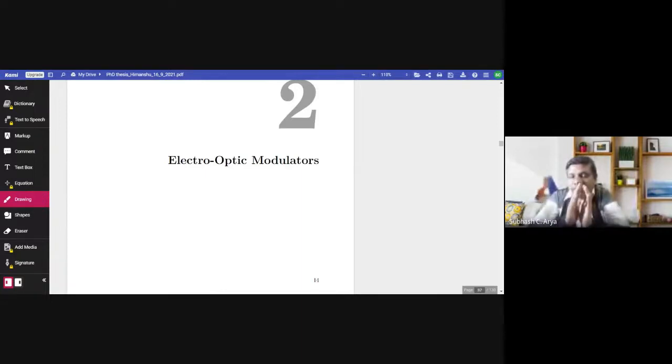Now we have widened our scope to accommodate various types of electro-optic phenomena, various types of optical modulators, the performance characteristics, design parameters, and then applications. So with this, now I would like to invite Himanshu Ranjan Das to proceed. Over to you, Himanshu.